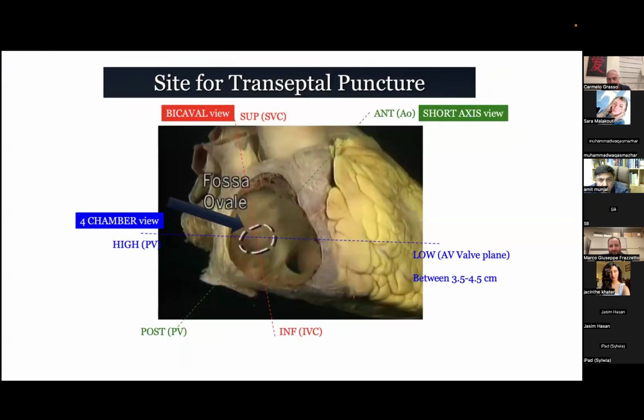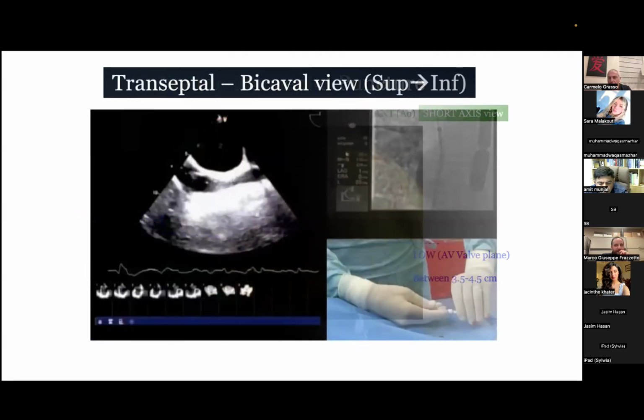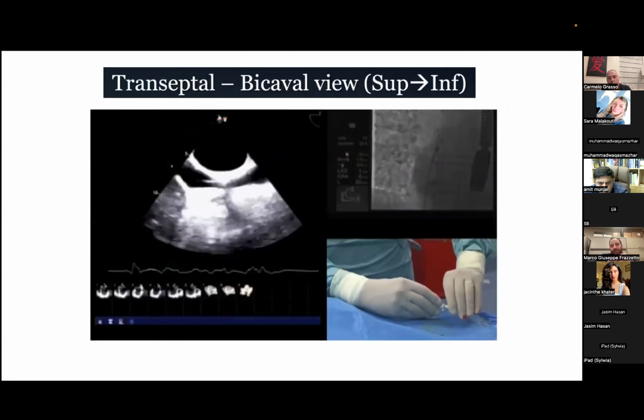The first step of the procedure, of course, is the transseptal puncture. Transseptal puncture, in my opinion, is a very safe procedure if it is done with echo guidance, of course. And we have to do the puncture at a precise point of the fossa ovalis. We have different views that we have to use with echo.